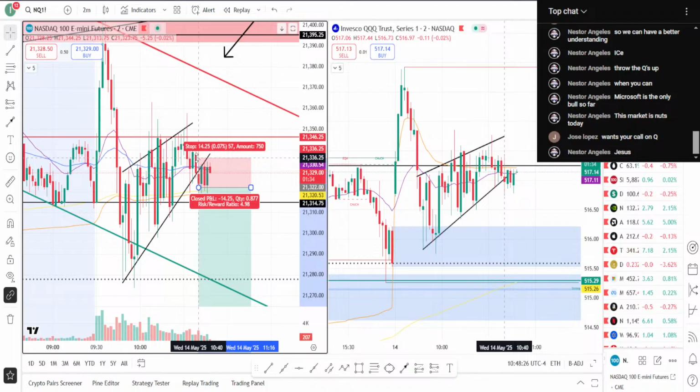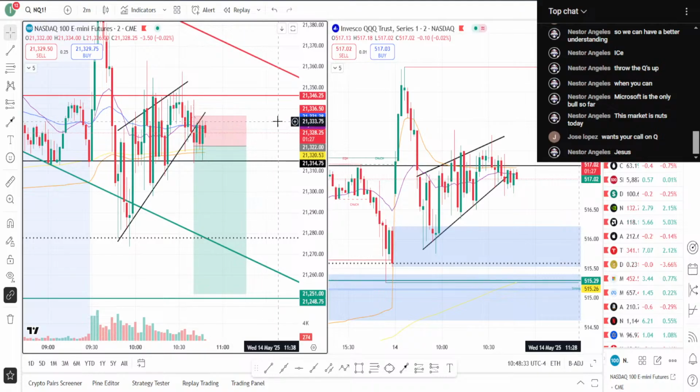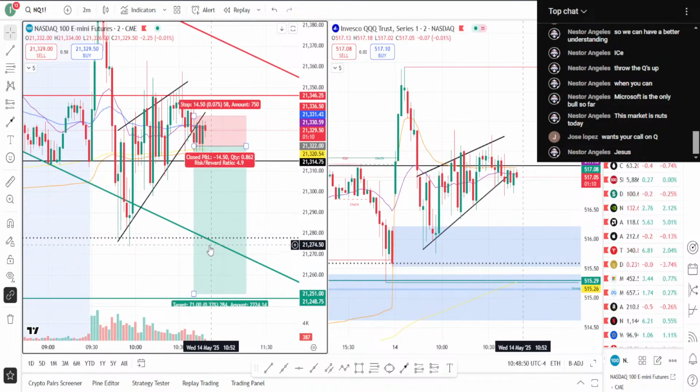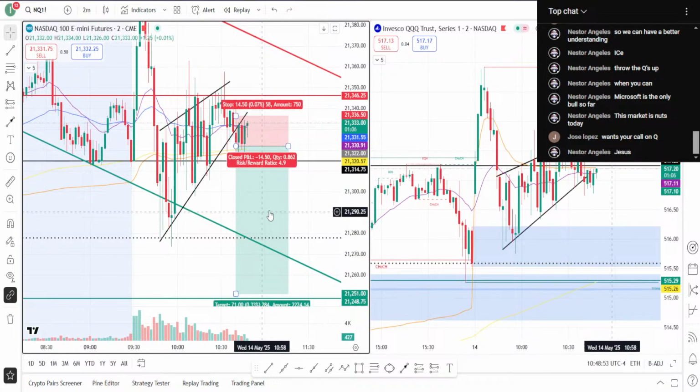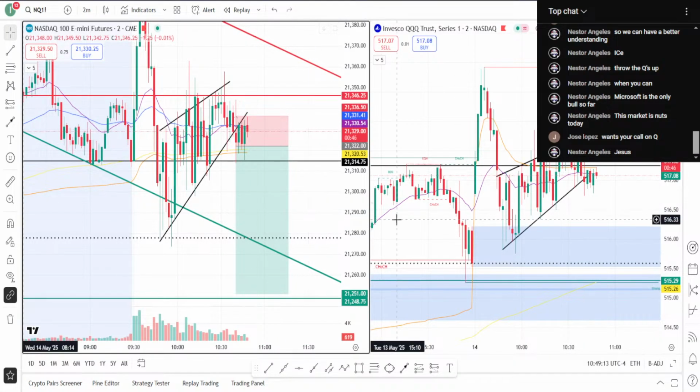Tighten up the wrist here, very tight. Oh my lord.